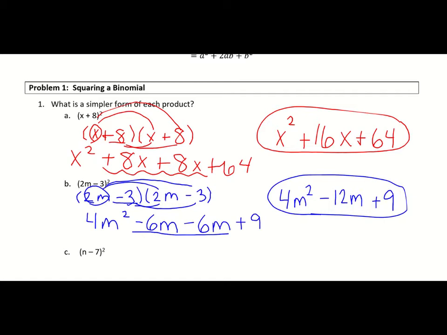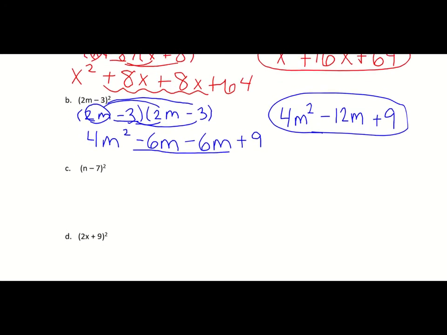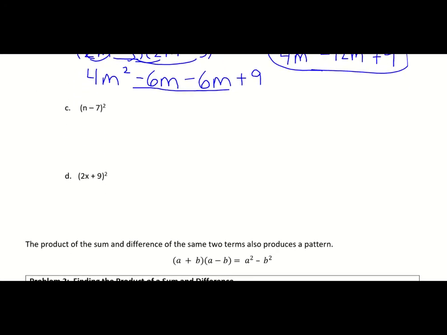So you try letter C, n minus 7 squared. If you multiplied C correctly, you should get n squared minus 14n plus 49.